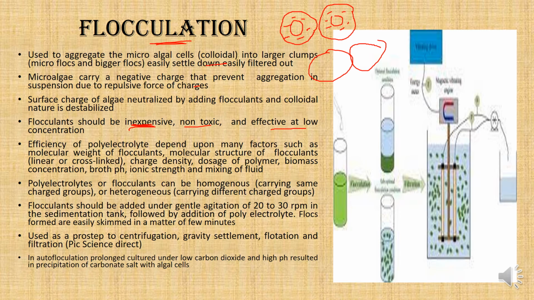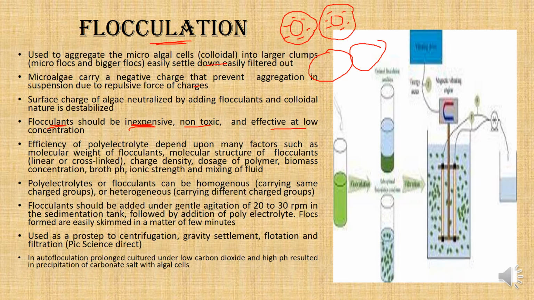In the whole algae culture, right from the inoculation of the algal culture to obtaining the final dry biomass, the most cost ineffective process is this harvesting and dewatering. It in fact takes 20 to 30% of the entire process. That is why we should be searching for flocculants that are quite inexpensive.